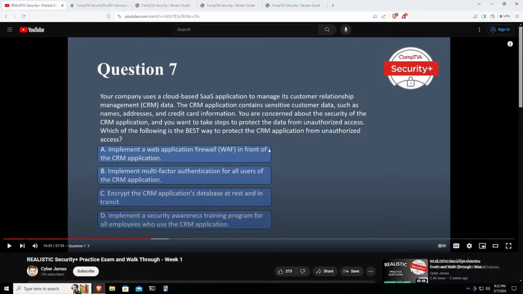Application firewall in front of the CRM application. Well, yep, that would stop intrusive access to the application, and block and prevent any attacks from happening.